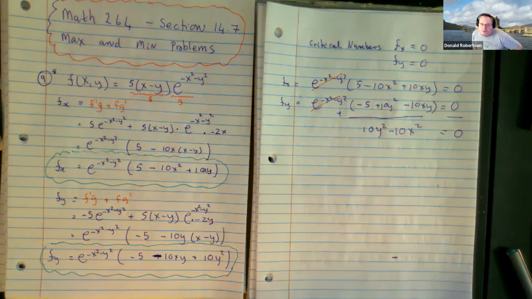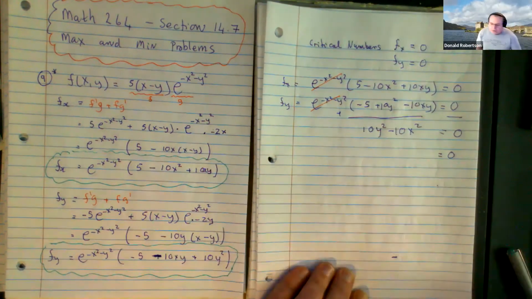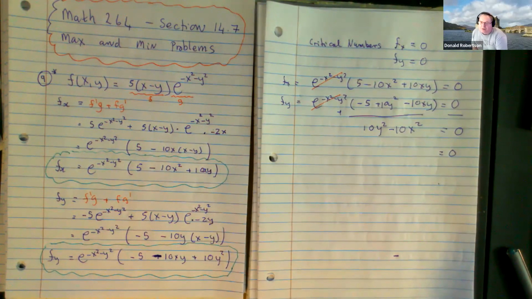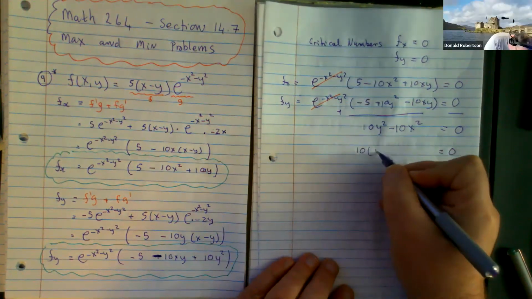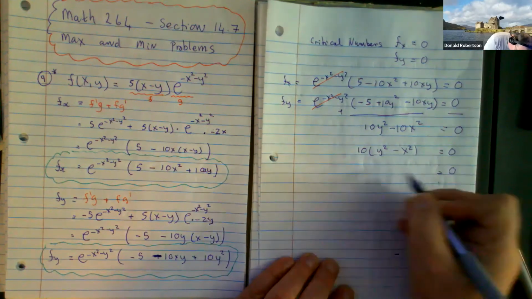And don't the 10xy and the negative 10xy kill each other off? So far, so good? Now, is there any kind of factoring you could do to make this side a little bit easier to deal with? Factor out the 10. Okay, good start. Is there anything more I could do?